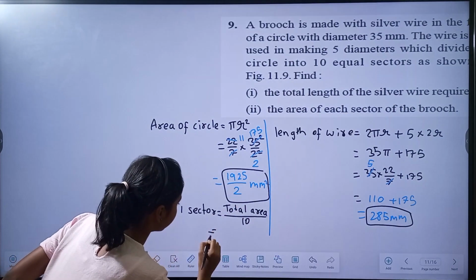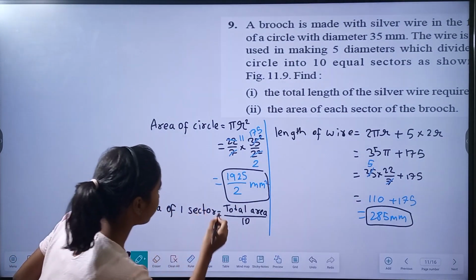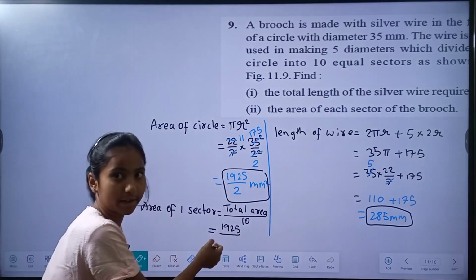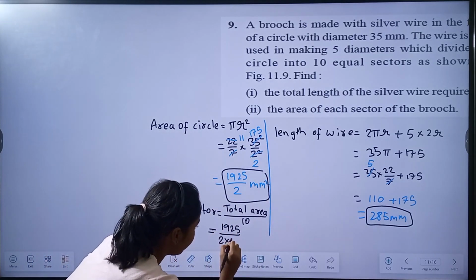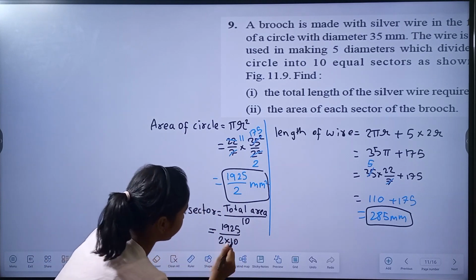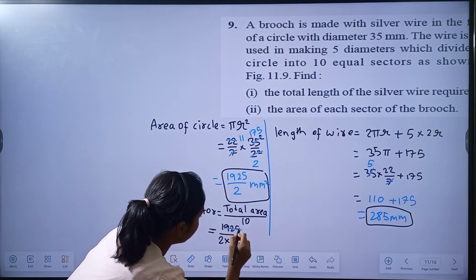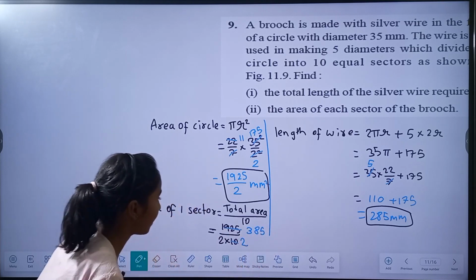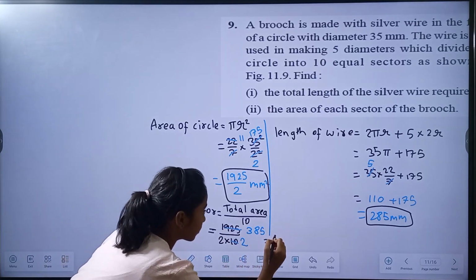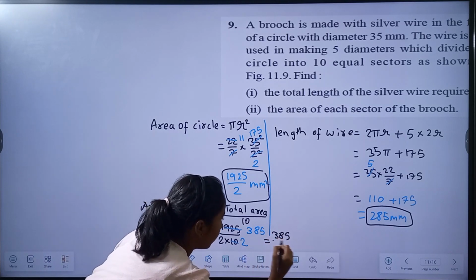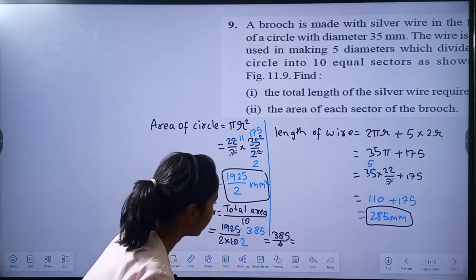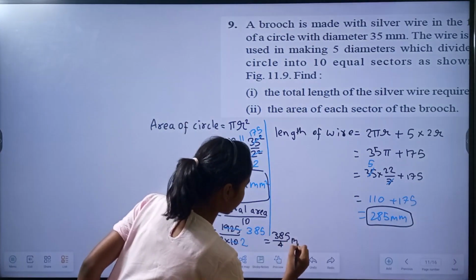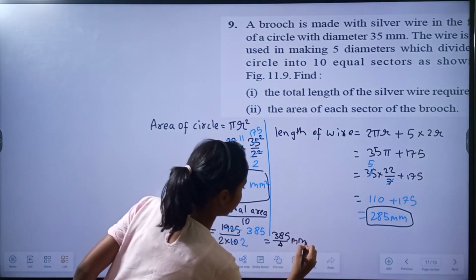Okay, fine. This is equal to 1925 whole by 2 into 10. So we can cancel, and this one is 385 by 4. 385 by 4 in the decimal form. Millimeter square.